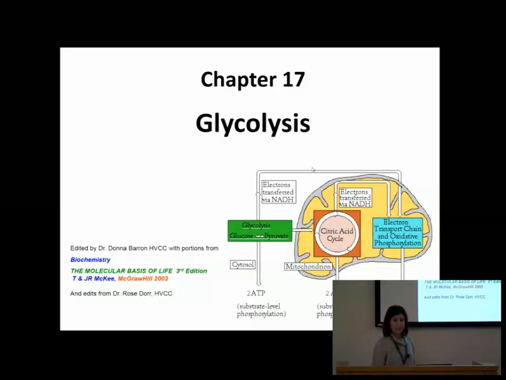So we're going to start with glycolysis. And you can see this happens in the cytosol. We're going to take a molecule of glucose and make it into 2 molecules of pyruvate. And then that pyruvate is going to go into the mitochondrial matrix.